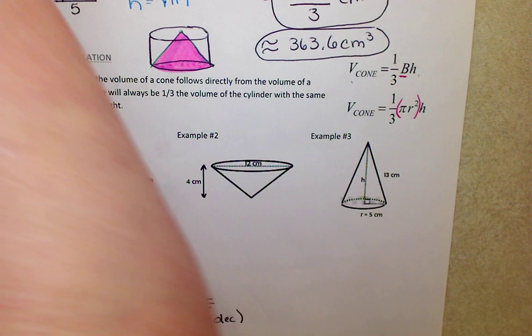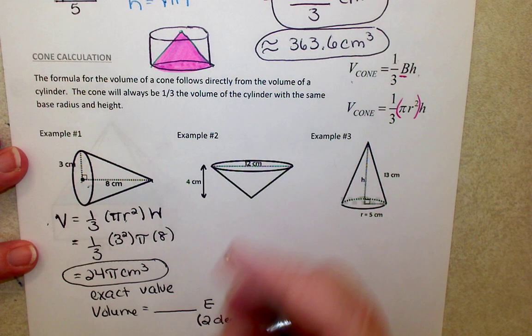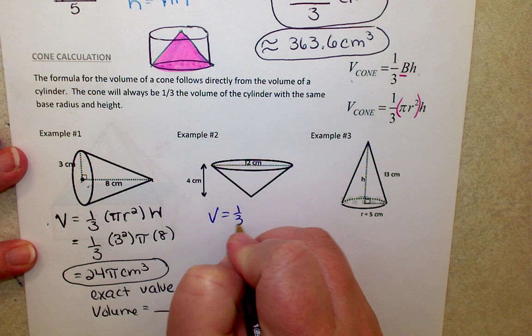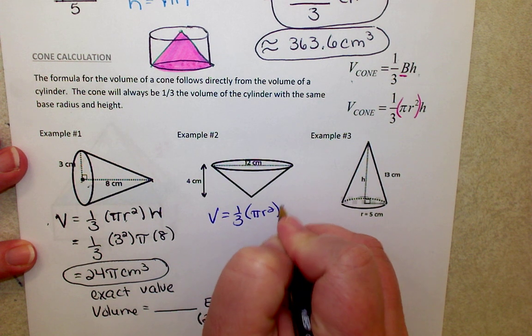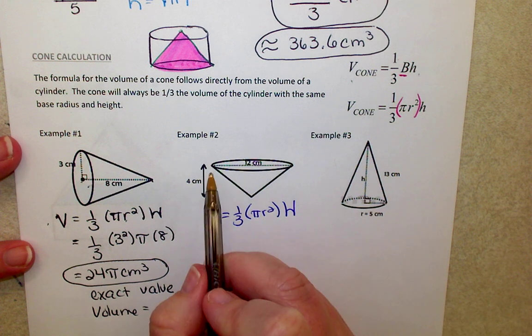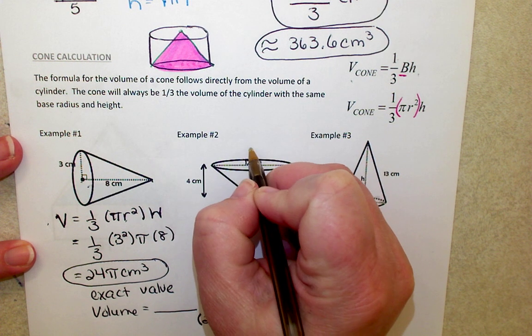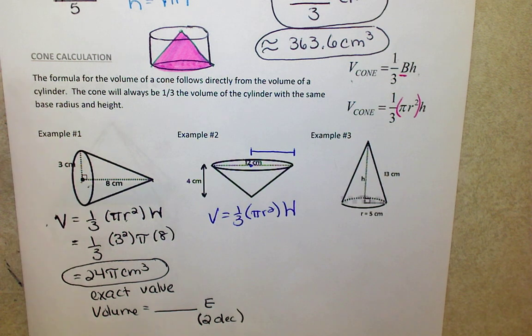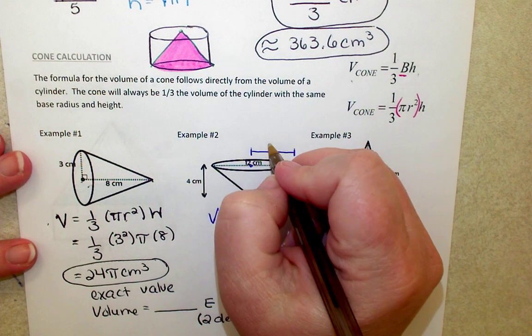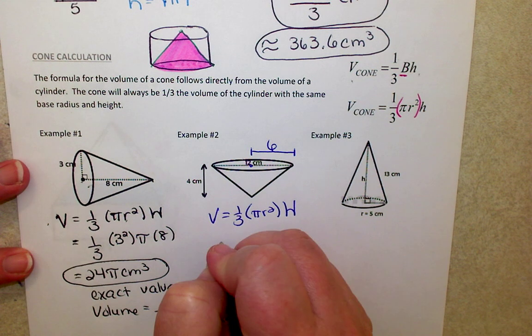All right, for example 2, the volume is equal to 1/3 pi r squared times h. Here they give us the diameter, and I know the radius, which is what I need, is always going to be half of the diameter. So if all the way across is 12, then our radius is going to be 6.